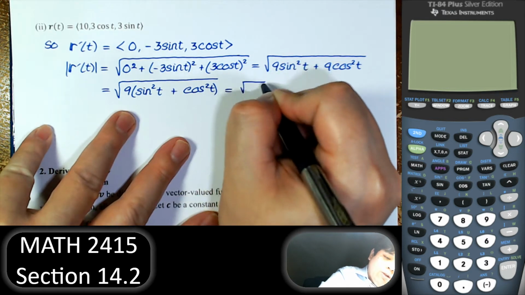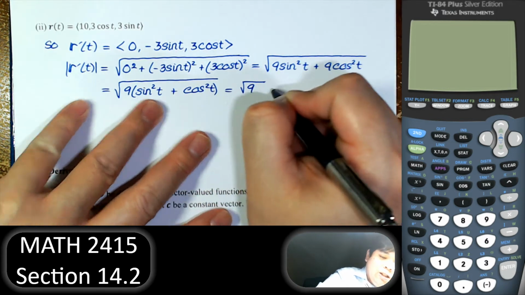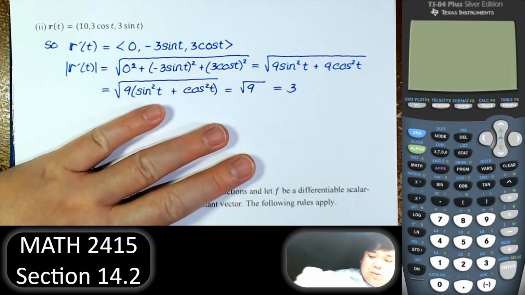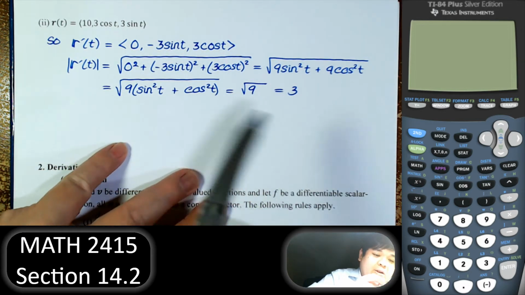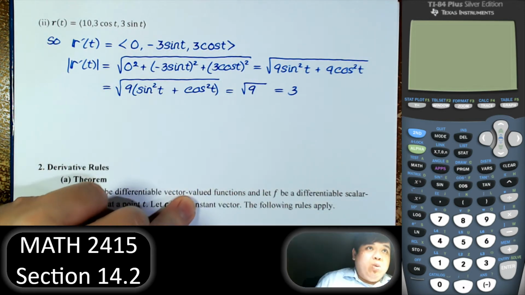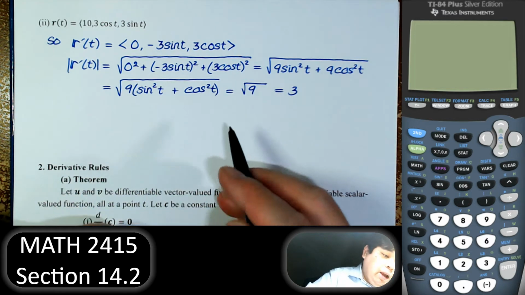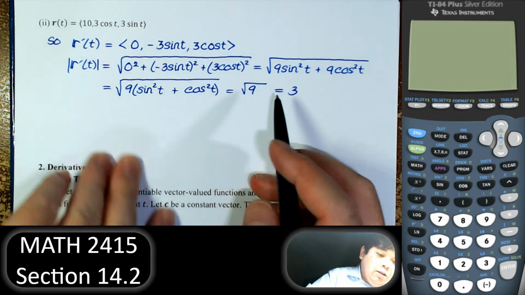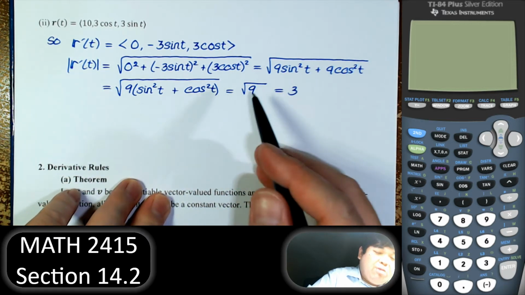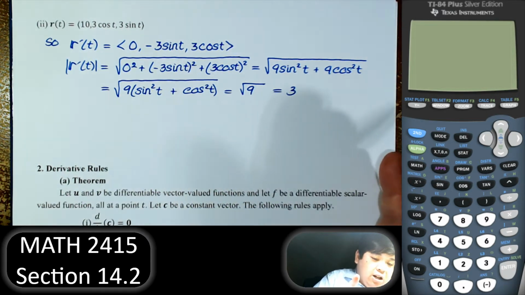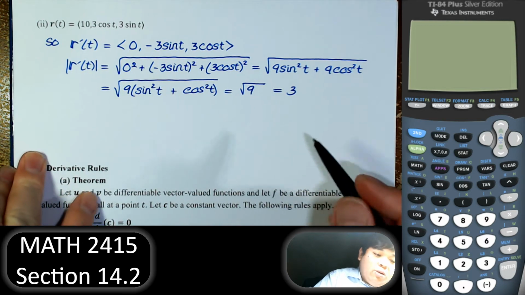So we just have the square root of 9, which is 3. We see sine squared plus cosine squared is 1 quite a few times already. We use a lot of that in the parameterized ellipse or circle.